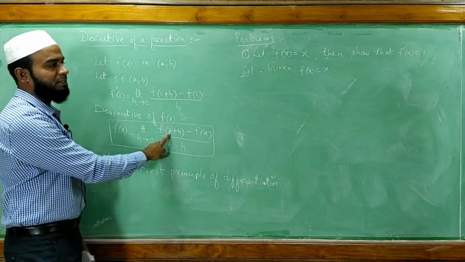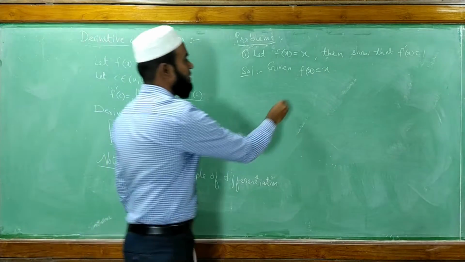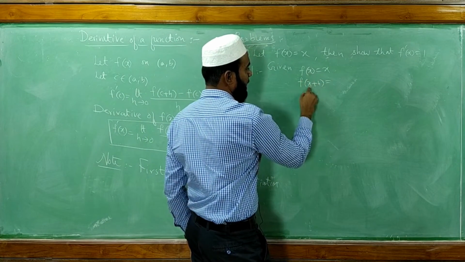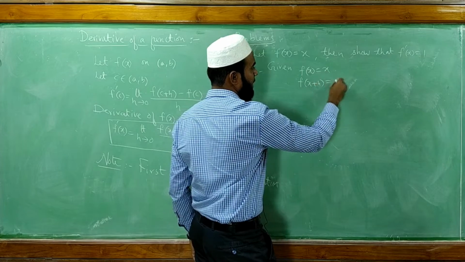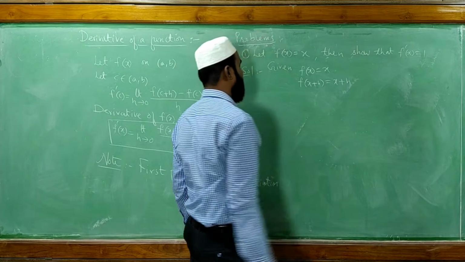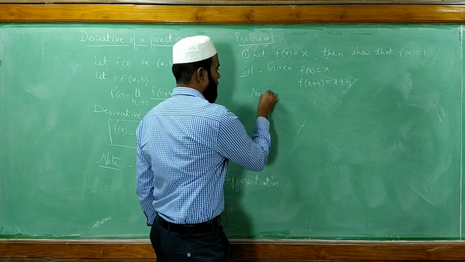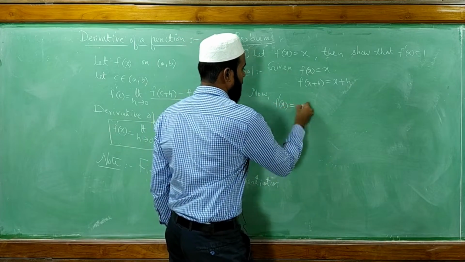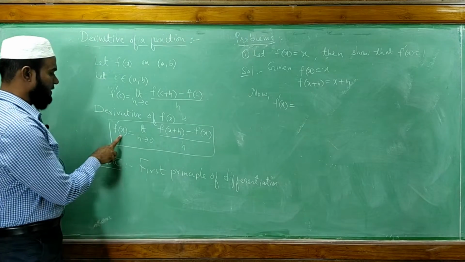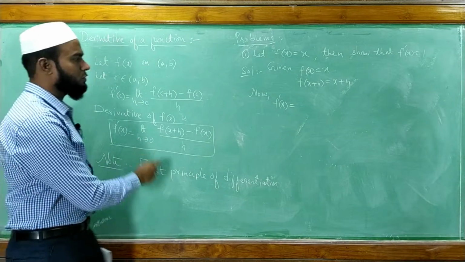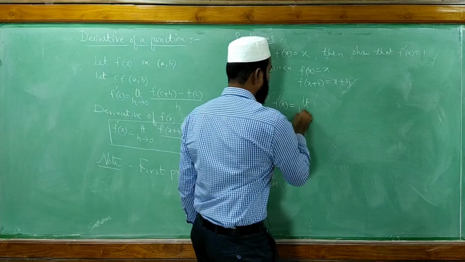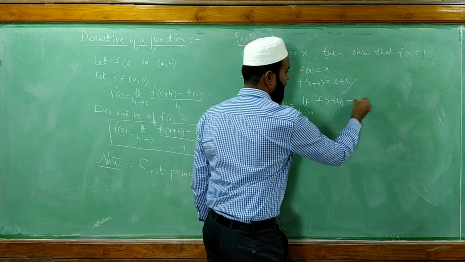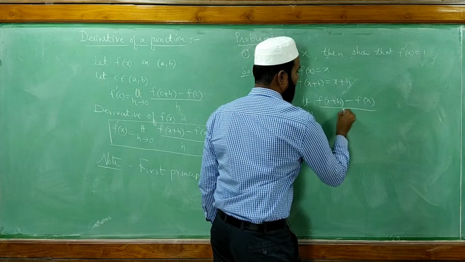And what is f of x plus h? f of x plus h is nothing but wherever x is there, I have to replace it with x plus h. Here x is there, so x plus h. Now what is f dash of x? f dash of x equals limit h goes to 0, f of x plus h minus f of x by h.